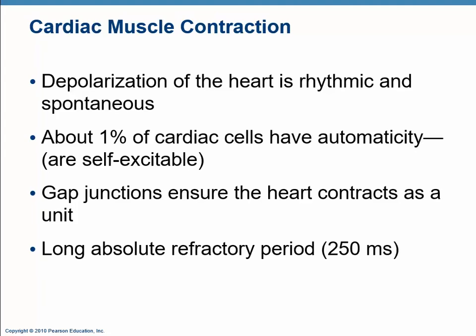It's actually a quarter of a second, 250 milliseconds, which is a very long time. So the heart has a lot of time to have its action potential, have the contraction, and completely relax before it can happen again. And this ensures that the heart completely relaxes and can fill with blood before the next beat.